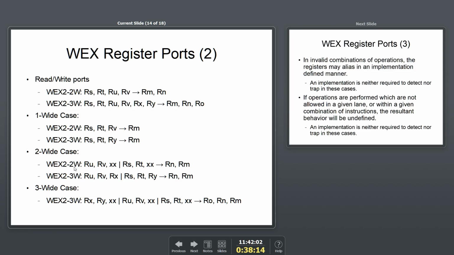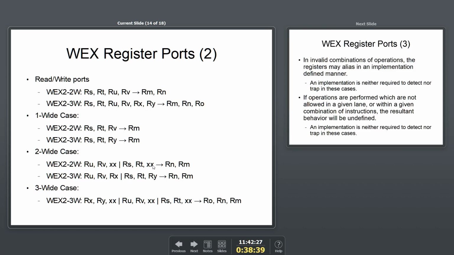So in the 2 wide case, 2 operations are run in parallel. They only have their first 2 read ports available. The destination register will read an undefined value in these cases.